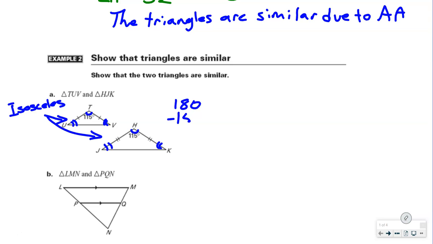So 180 minus 115 gives us 65. My two base angles add up to 65, because we only took one angle away, that 115, so what's left is both of them put together. So I need to divide by 2, and that gives me 32.5. So each of those angles, angle U, angle V, angle J, angle K, are 32.5 degrees.